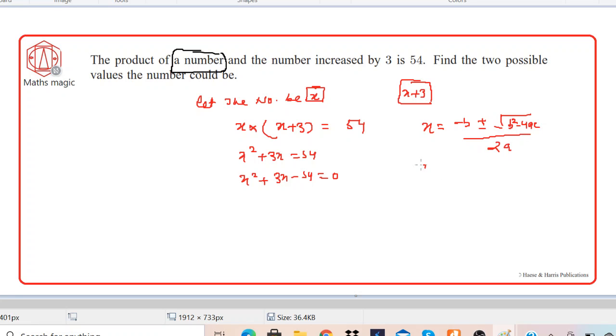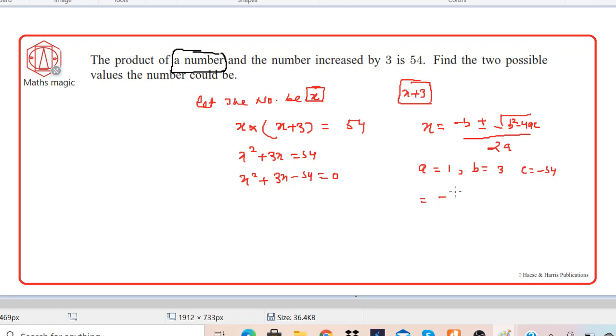Now you have to define a, b and c. You remember a is the coefficient of x square, so it's 1 over here. b is the coefficient of x, which is 3, and c is the constant term, which is minus 54. So we got a, b and c. Now let's apply the formula.